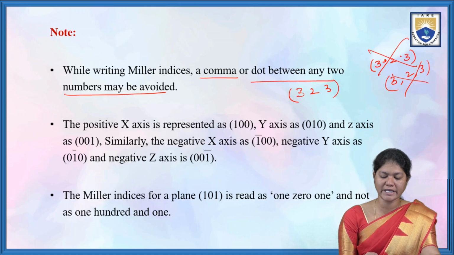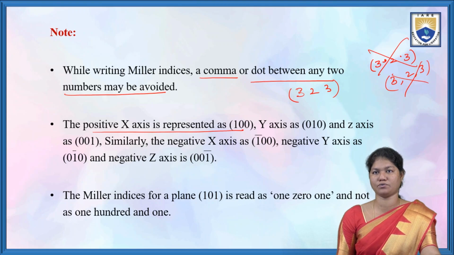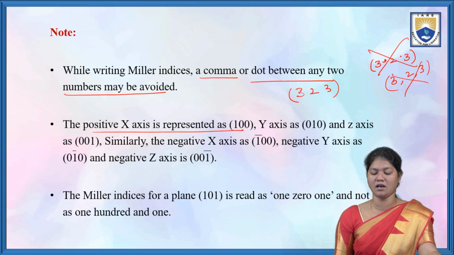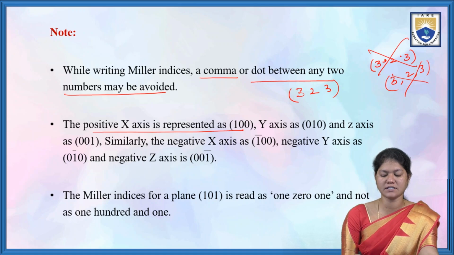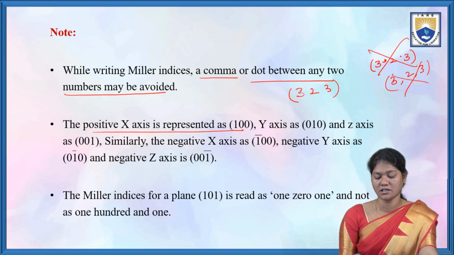The positive x-axis is represented as crystal plane 100.